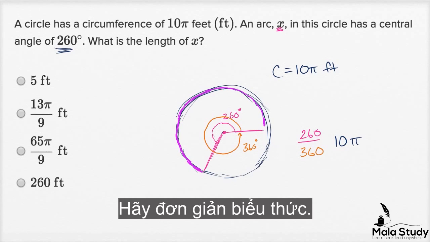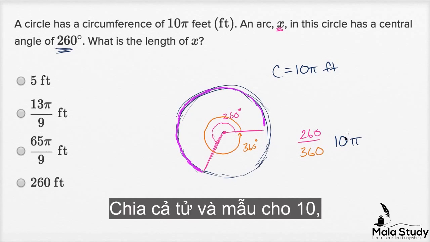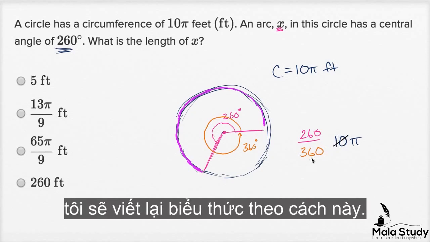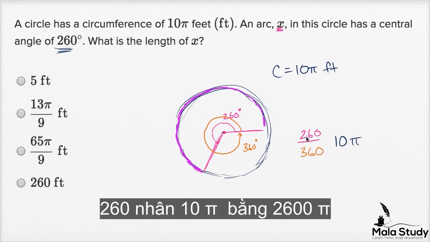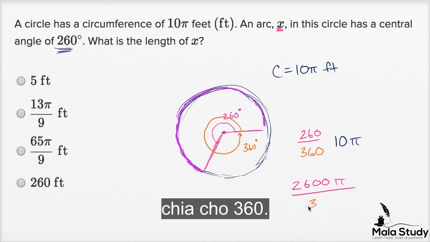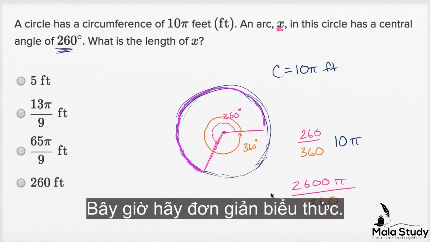Well, let's see. We can simplify this a little bit. Let me just write it this way. We could write this as 260 times 10 pi, which is 2,600 pi, over 360. And now we just need to simplify.